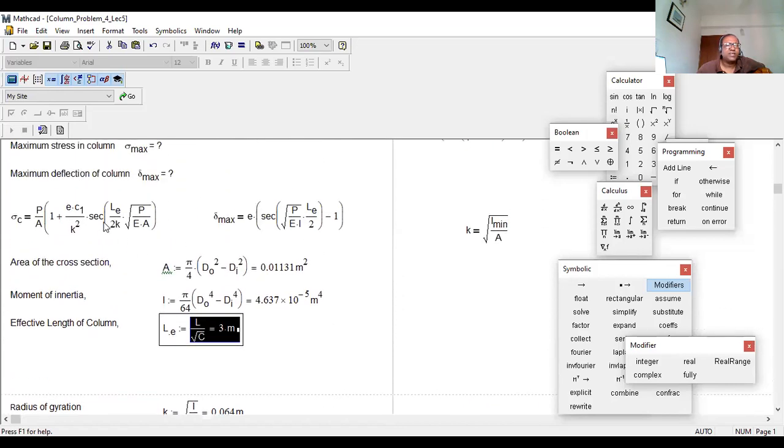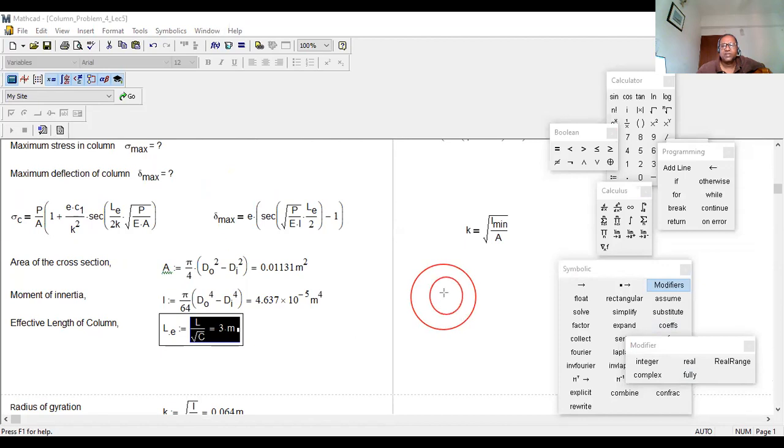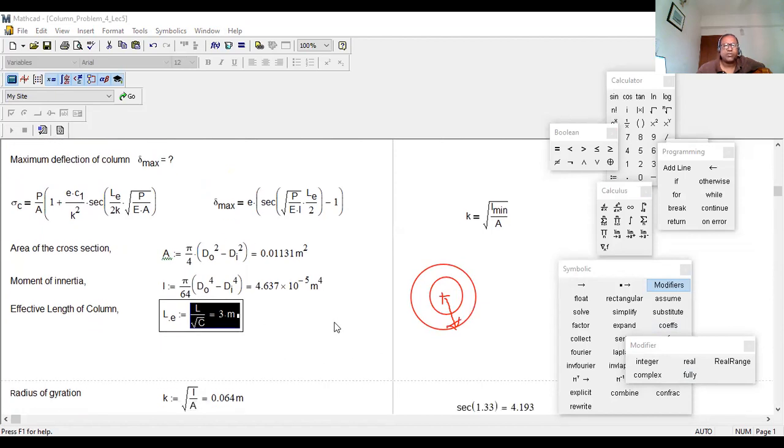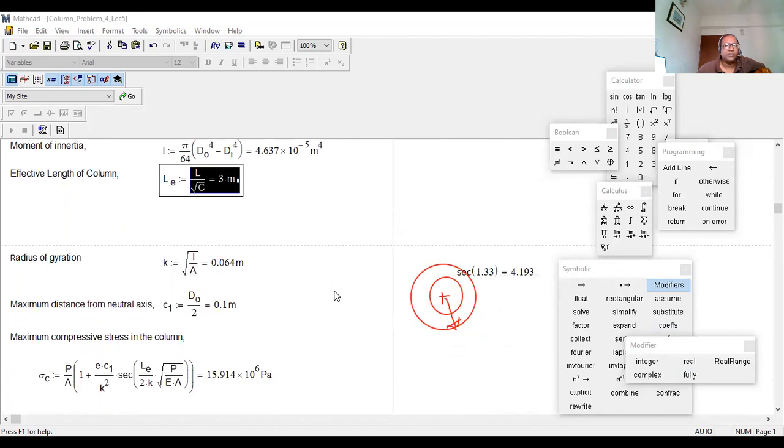Now this C is the distance from the neutral axis of the column. That means you have a hollow section, so your CG will be right over here. So value of C1 will be this much. So C1 will be outer diameter divided by 2.